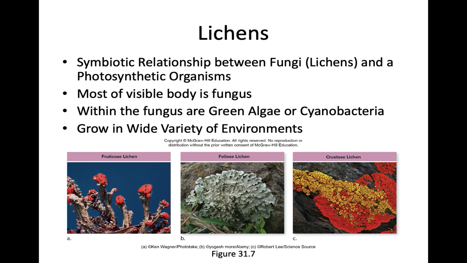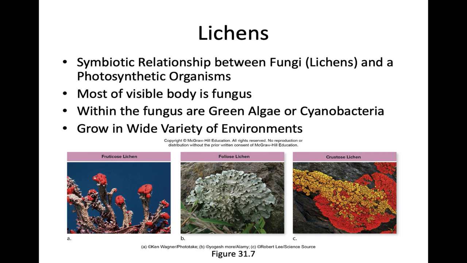So most of what is visible on the surface of the organism is the fungus, which will act to grow with the photosynthetic bacteria, the cyanobacteria, or the algae that's inside the fungus. The photosynthetic organism will provide energy and sugars for the fungus to grow, and the fungus will protect the photosynthetic organism and provide moisture for its growth.